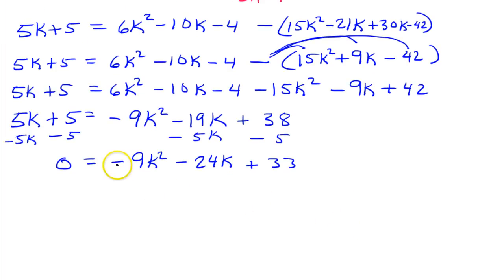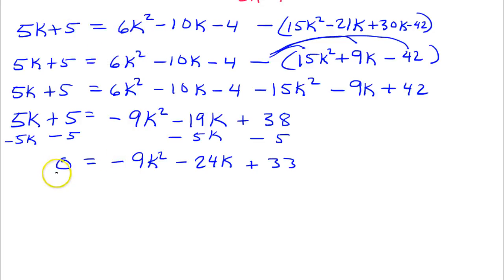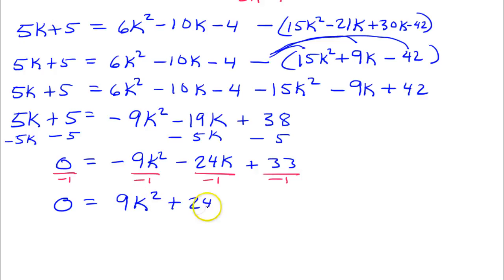Alright, I'm not liking the fact that the leading coefficient is negative. It makes factoring more difficult. So I am just going to divide everything by negative 1 to change all the signs around. So of course this will still be 0, but I will have positive 9k squared positive 24k minus 33.